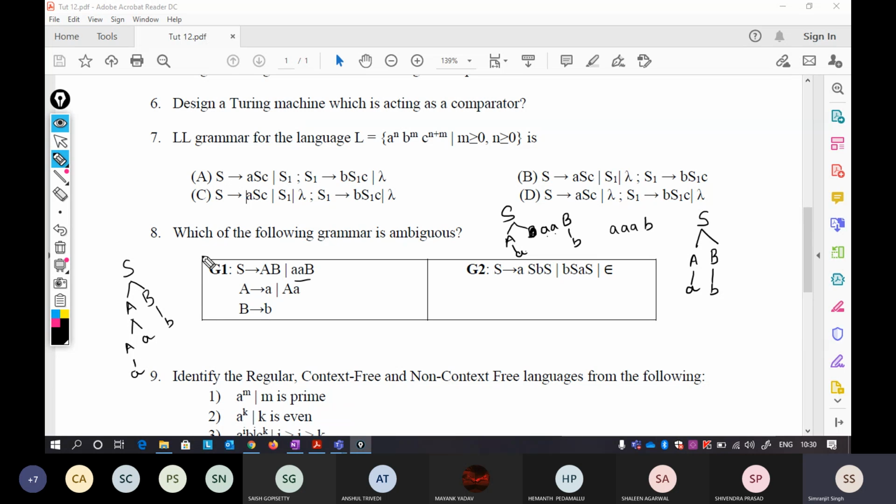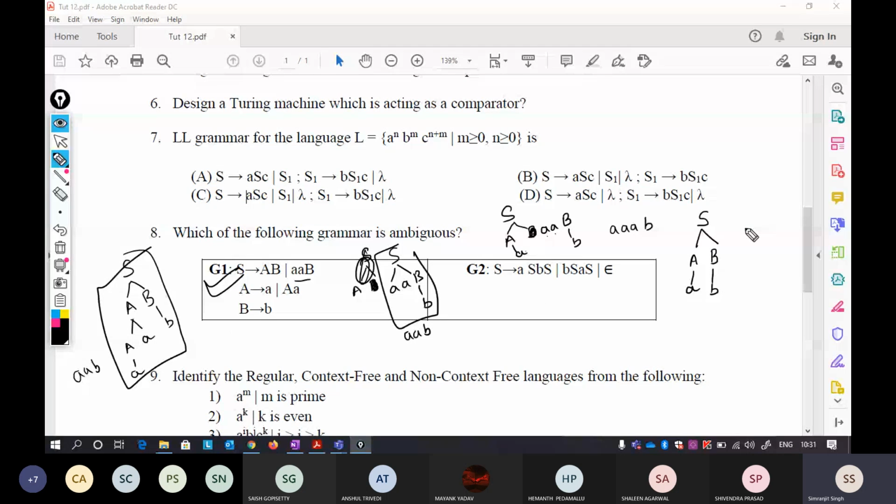This is a tree that is deriving AAB from here, and from this tree I can go S tends to AB, and I can go AAB. I want AAB, so there is no need. I can go directly AAB, and this B will be a B. So the string here is also the same, AAB, but the trees are totally different. So this G1 is completely ambiguous grammar.